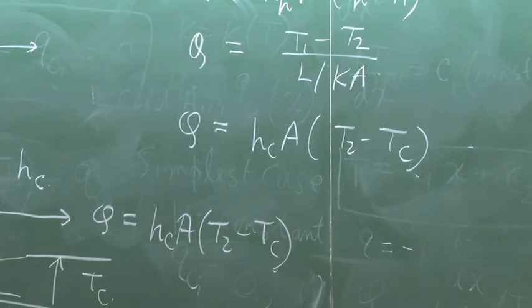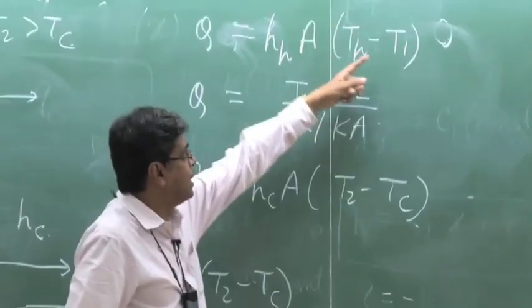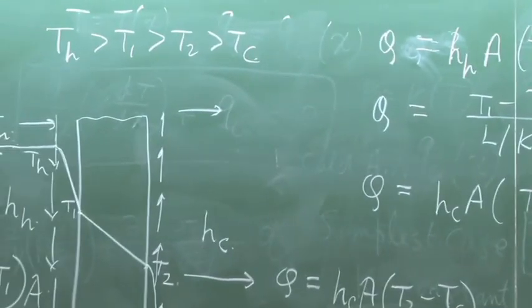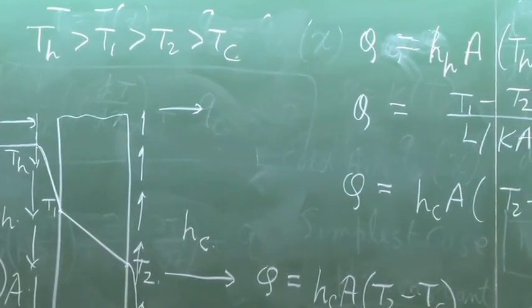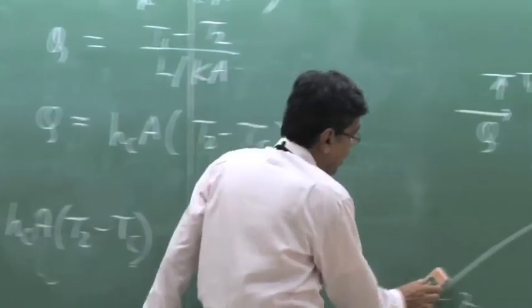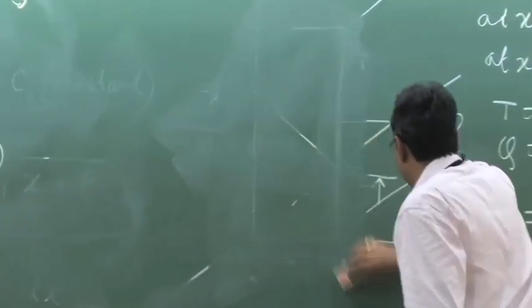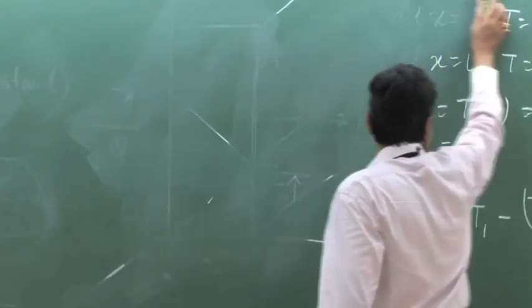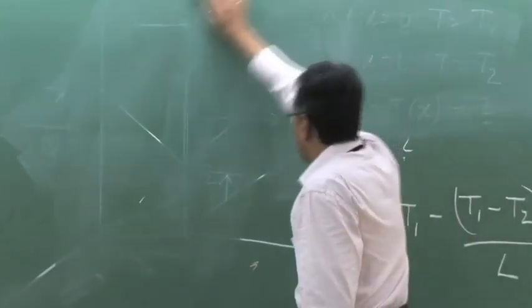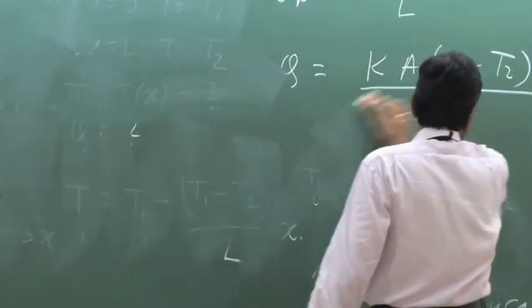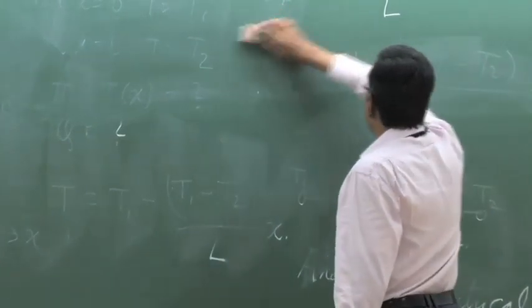Now if we write the temperature differences in terms of the heat flux and add them up, and if we write all the equations, rearrange them in the fashion as we did here, that flux is equal to potential difference divided by the resistance, then what we get?